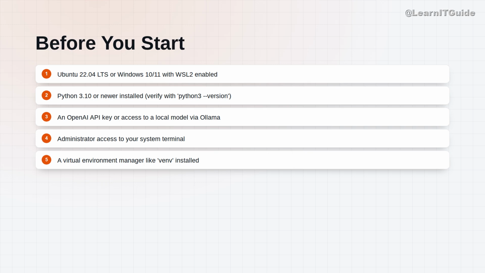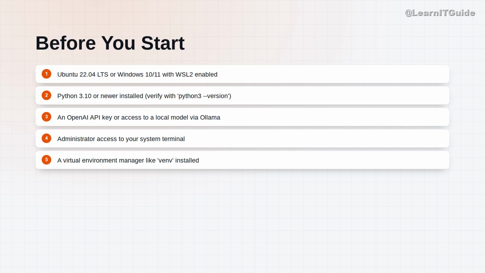You also need an API key from a provider like OpenAI or a local inference server like Llama if you are running models on-premise. Finally, make sure you know how to open your terminal. On Ubuntu, use the keyboard shortcut Ctrl-Alt-T. On Windows, open the Start menu, type Terminal, and press Enter.